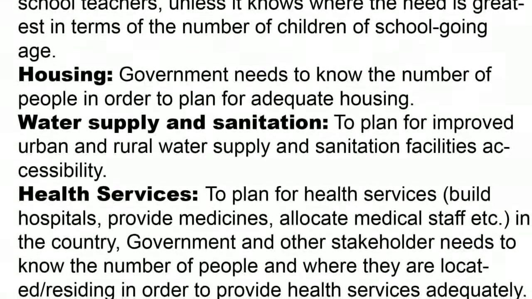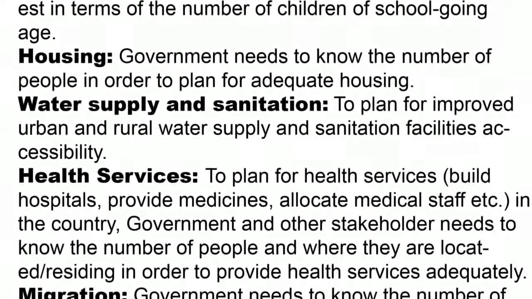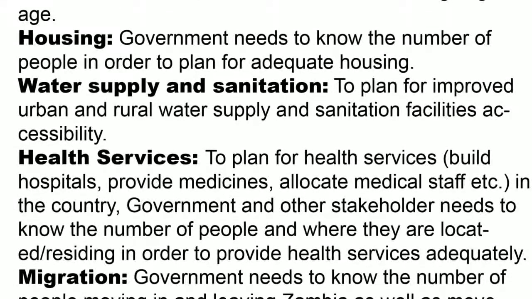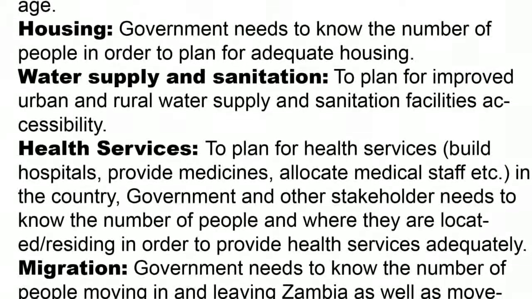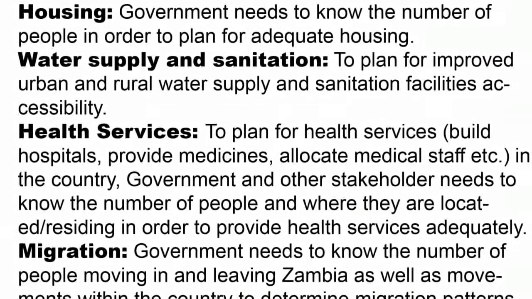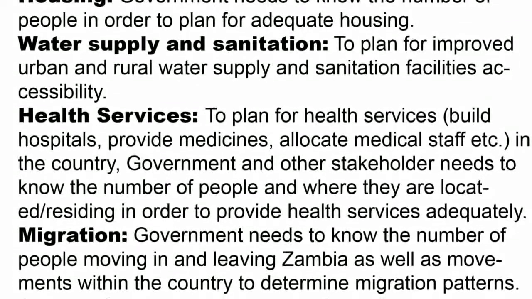Number 2, housing. Government needs to know the number of people in order to plan for adequate housing. Number 3, water supply and sanitation. To plan for improved urban and rural water supply and sanitation facilities accessibility.